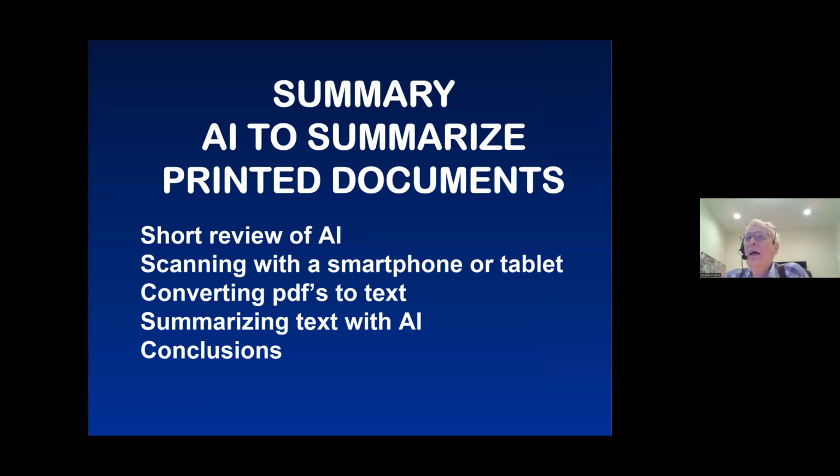So what we've looked at here is we summarized a document. We started from a hard copy, in this case a printed article, 20 pages long. We talked a little bit about what AI was, and how AI compares the search terms that you have against other things that are in its database.